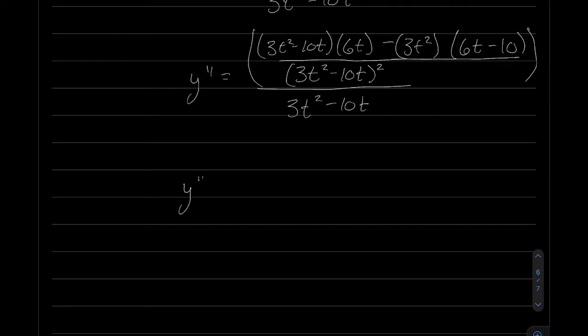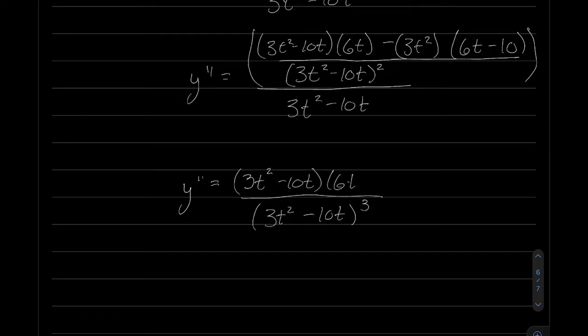So we can go ahead and push this to the bottom, and we get 3t squared minus 10t all cubed. And on the top, let's just leave it where it is and plug in our value for t. So we're just going to copy this, minus 3t squared times 6t minus 10.